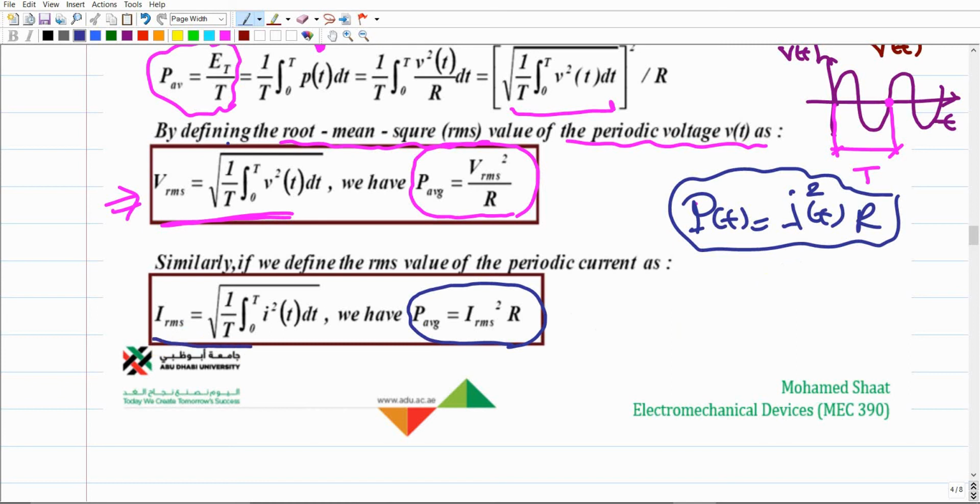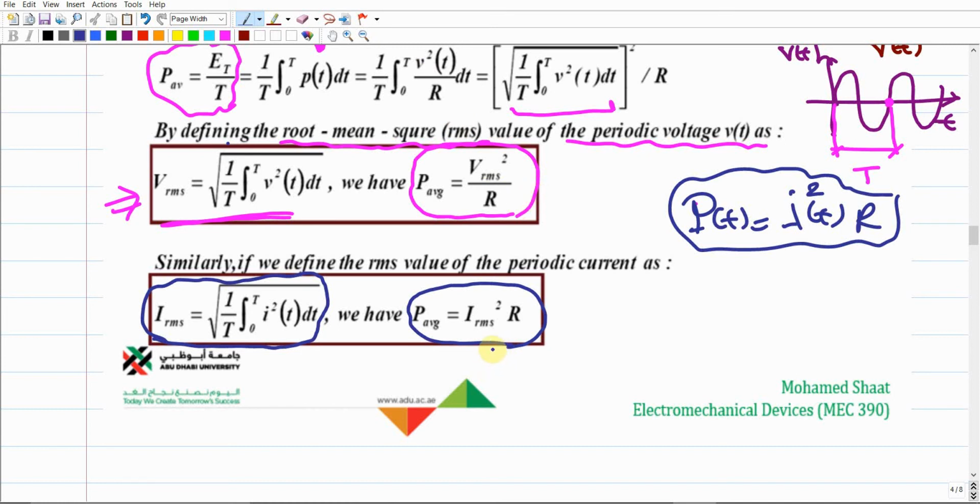And this root mean square current has typically the same formula as the voltage. So it doesn't matter whether it is volt or current. As you can see, the average electric power generated by a voltage source or a current source. Here the source is a voltage source, but we may have a current source.